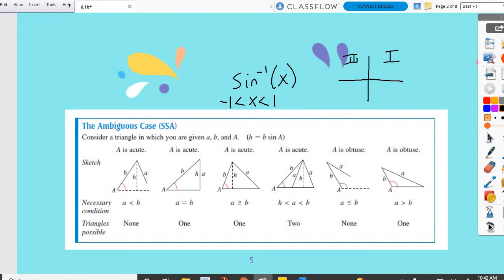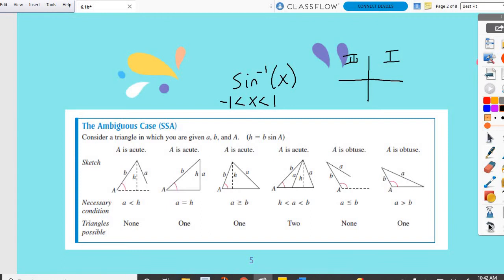We can actually create two triangles. Does that make sense? That's why a lot of times in geometry, teachers just don't even touch on it because it can get kind of tricky. And if you don't understand what you're doing with your sine inverse, then you don't understand why we can get no or two solutions. Are we with me?